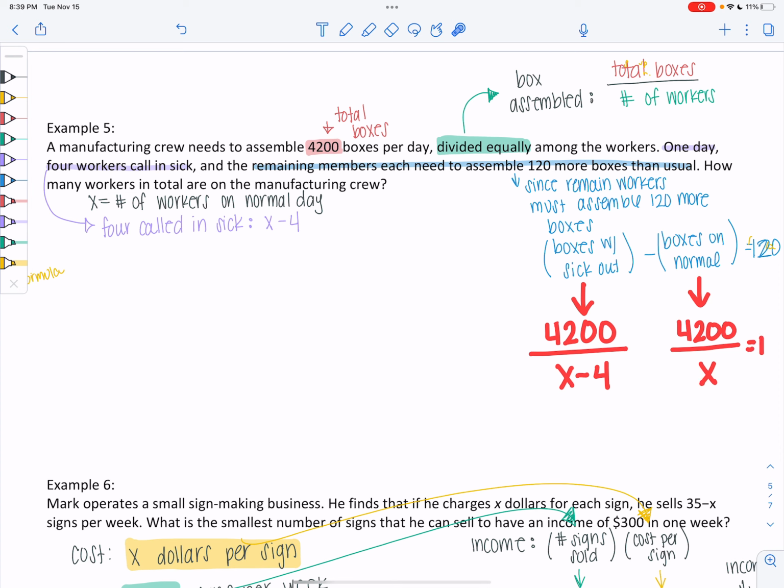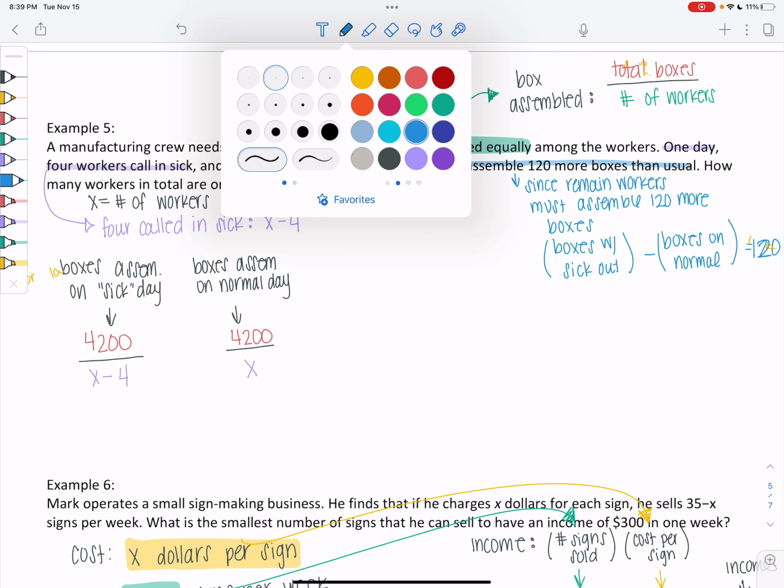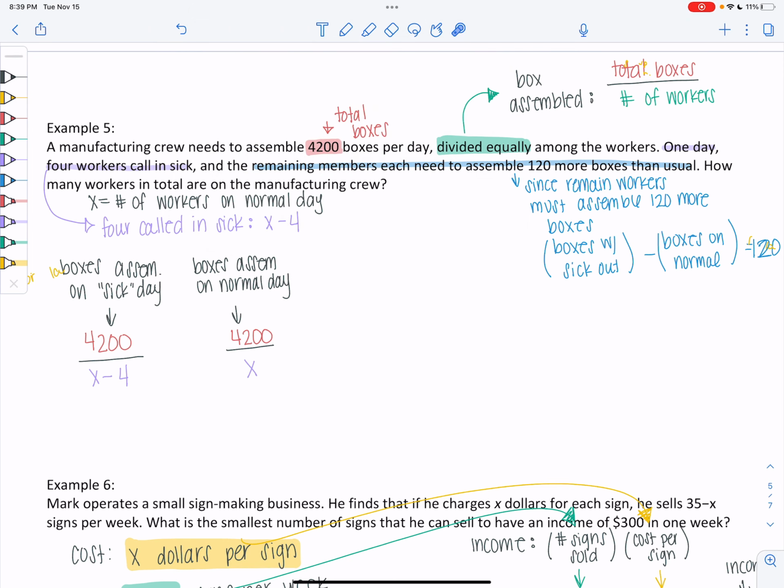And that must be 120. All right, so I've got it written over here. The boxes assembled on a sick day, 4,200 divided by X minus 4. Boxes assembled on a normal day, 4,200 divided by X. And then we just said that because I have 120 more boxes than normal, I can subtract those two, and that must be 120. And so this one is more complex in the solving.